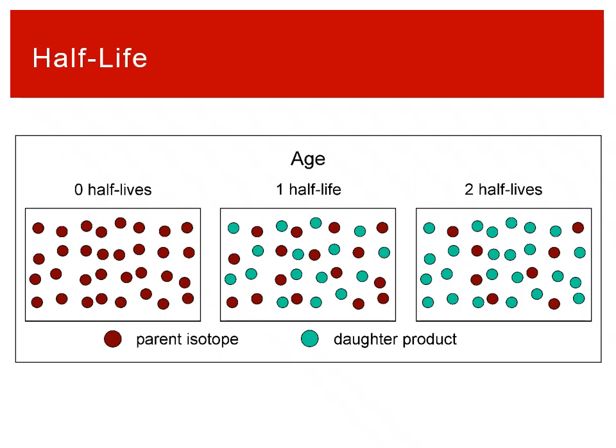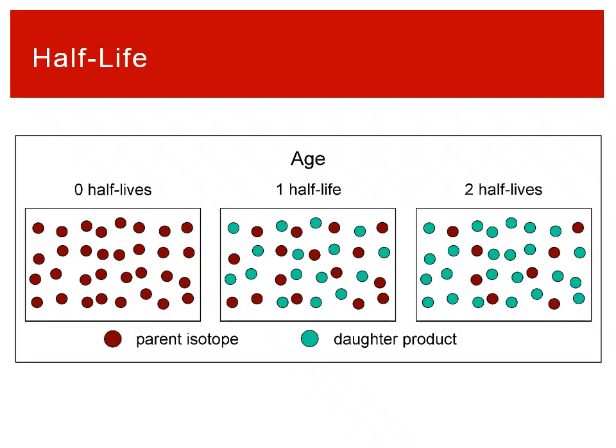Say we are dealing with some sort of parent, some sort of nuclear process. At 0 half-lives, we have some number of the red nuclei. They're red, they're the parent. After 1 half-life, some of them have undergone decay, and when a nucleus undergoes decay, it turns into a different type of nucleus. It has a new name, and that's distinguished in the second photo with the green circles.